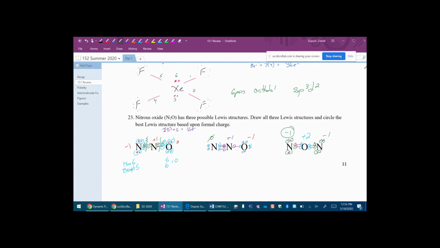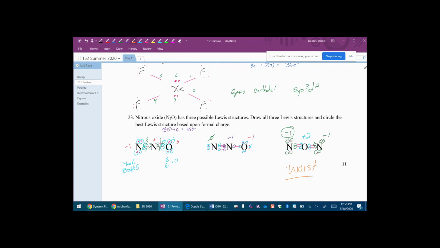So the worst one is probably that one. Why is that the worst one? Because oxygen is the most electronegative. If oxygen is the most electronegative, it's probably more likely to be negative.